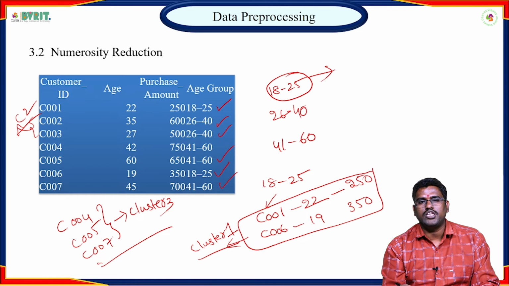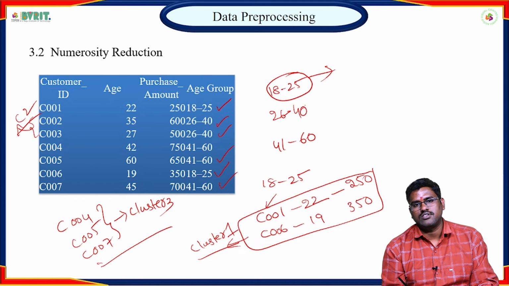Numerosity reduction is based on the numeric constraint. We need to reduce the number of rows into a fewer number of rows. Here we have total C001 to C007. We are reducing that into cluster 1, cluster 2 and cluster 3. That is called numerosity reduction. We are reducing those 7 into only 3 clusters.